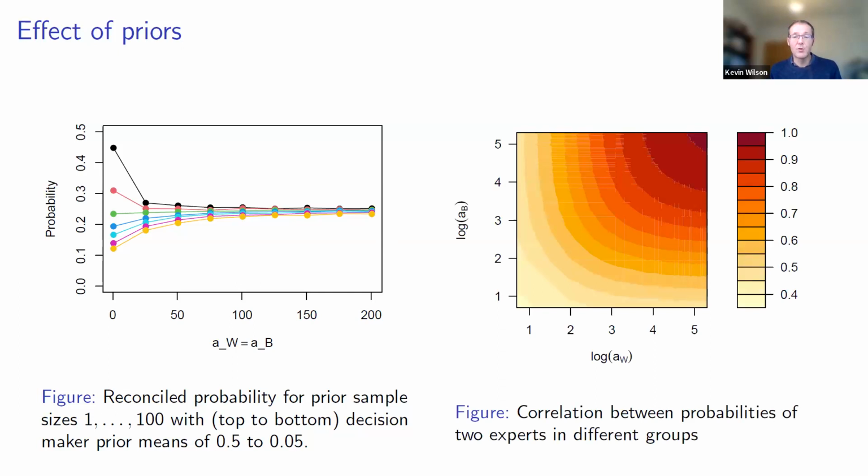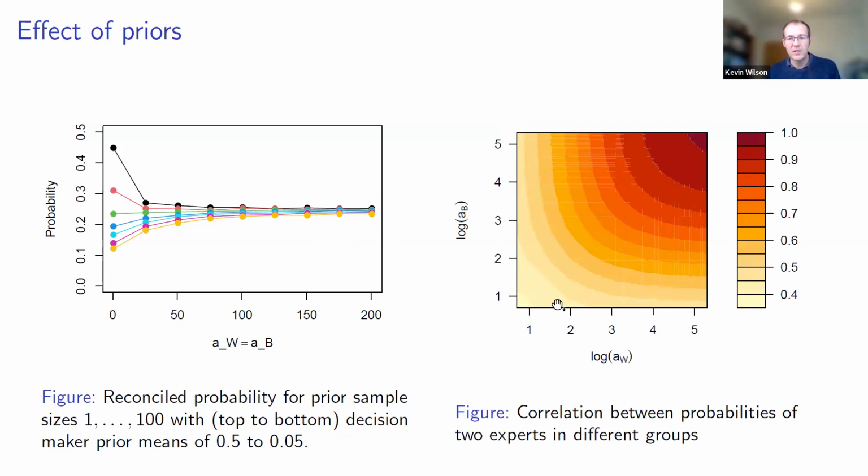In terms of the control that you have over the correlations between the probabilities given by the experts, again, these are the hyperprior parameters for the n parameters, the prior sample sizes in the model.